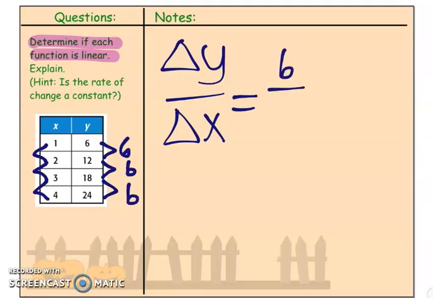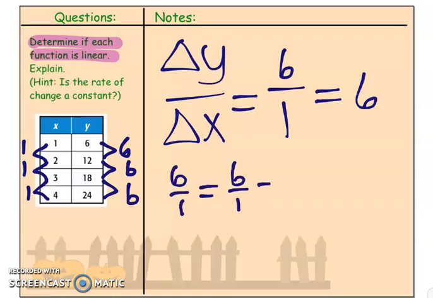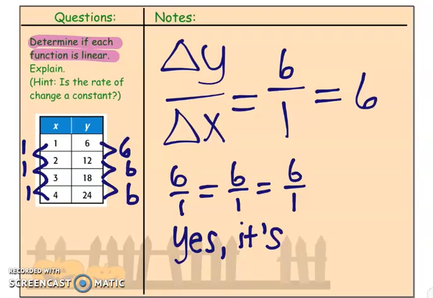And then x each time is changing by 1. So this is a constant rate of change because each interval is 6 divided by 1. So all three of these are the same. So yes, it's linear. It has a constant rate of change. If one of those was different, it would not be linear. So you have to be careful and make sure you find all of the intervals.